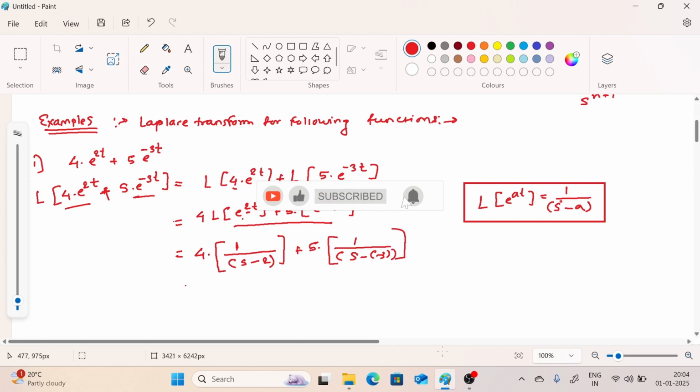So 4 upon s minus 2 plus 5 upon s plus 3.